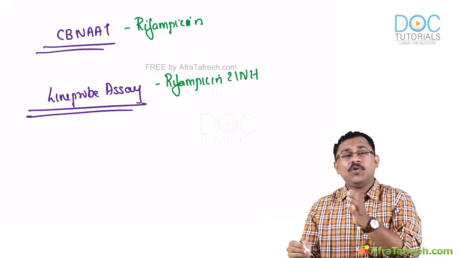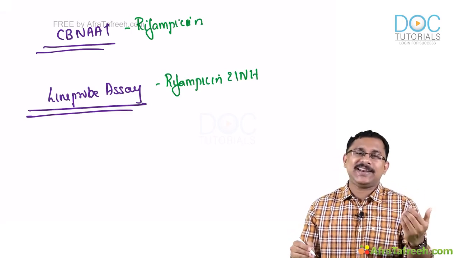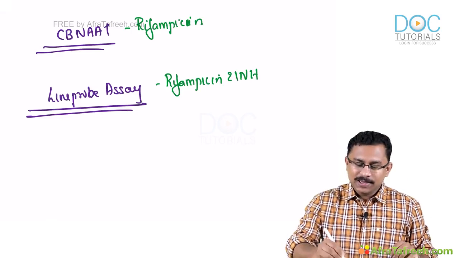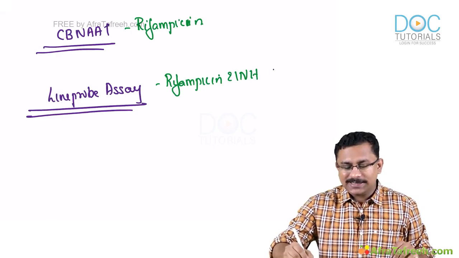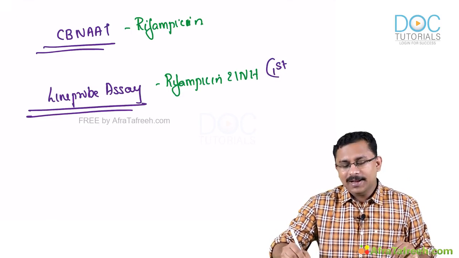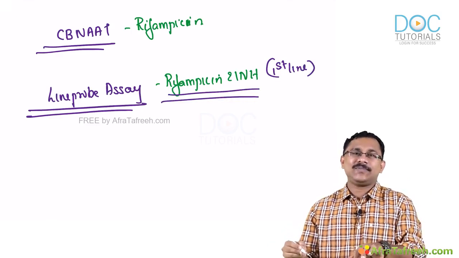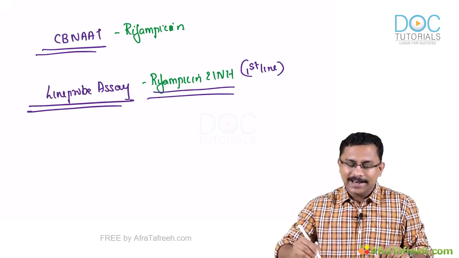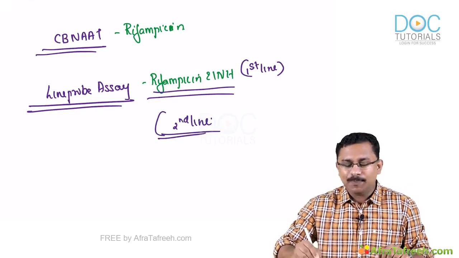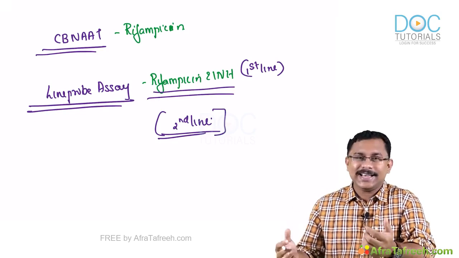But let me tell you one more point, that in line probe assay itself you have a first generation line probe assay and a second generation line probe assay. The first generation line probe assay will determine resistance to INH and rifampicin, whereas the second line probe assay will help us to determine the resistance to certain second line agents as well.